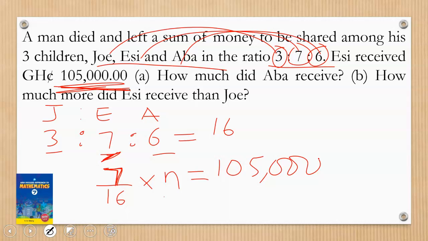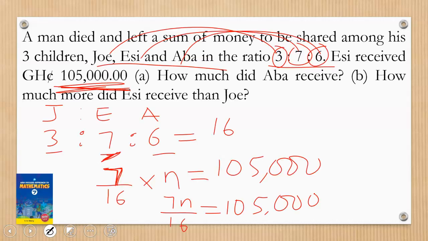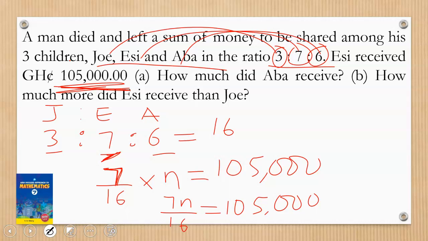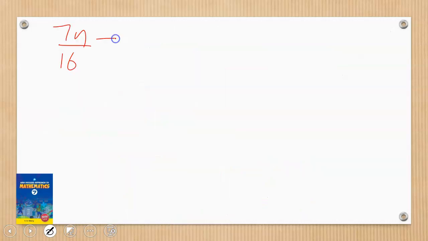So we can write this as 7n over 16 is equal to 105,000. Right. So we do cross multiplication. So remember, we have 7n over 16 equal to 105,000.